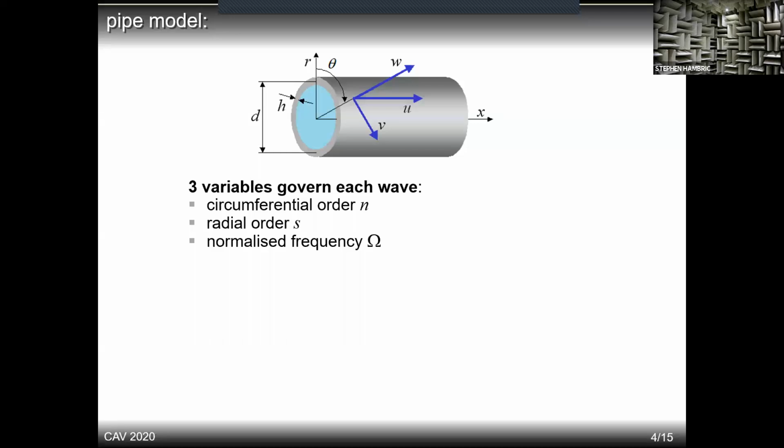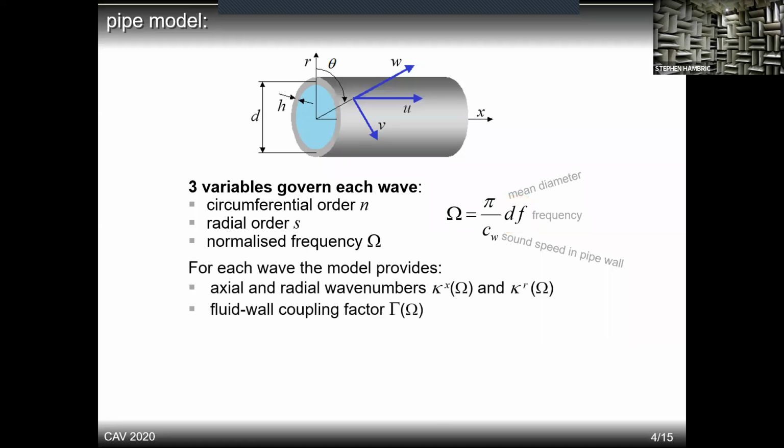Each wave is governed by three parameters: the circumferential order n, the radial order s, and the normalized frequency. The latter is the Hertzian frequency f multiplied by three constants. And for a pipe of given material, the product of the diameter and the frequency is what matters more than the Hertzian frequency itself.